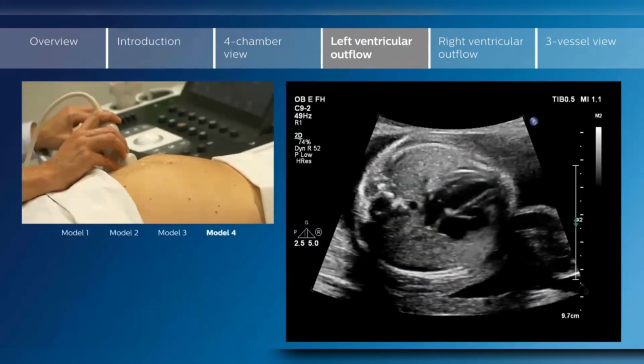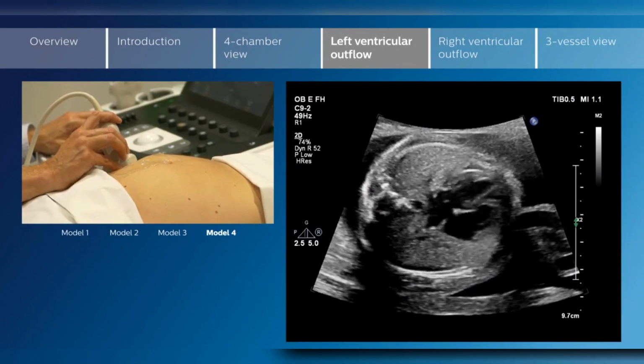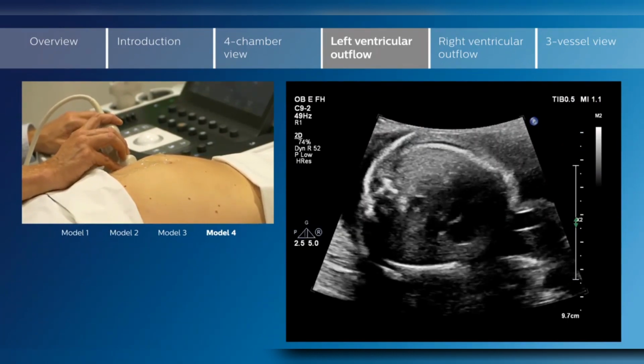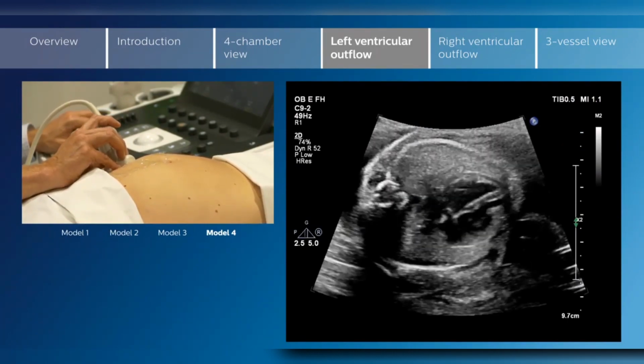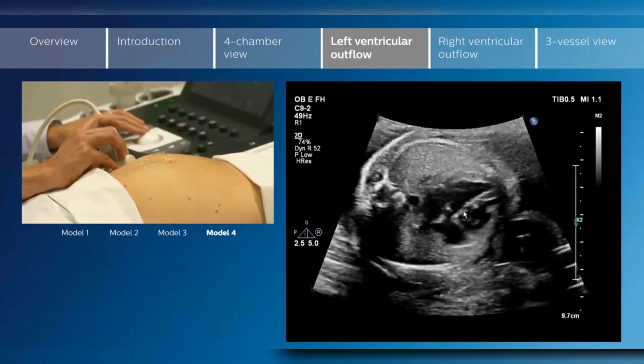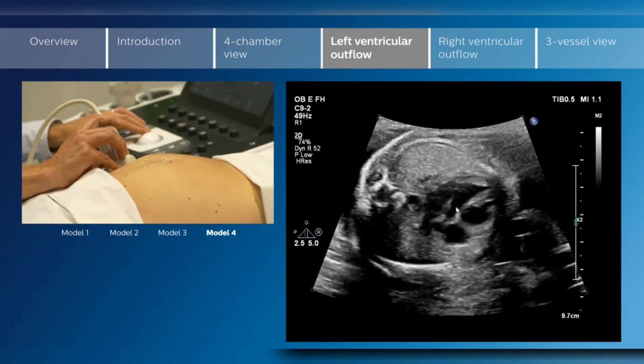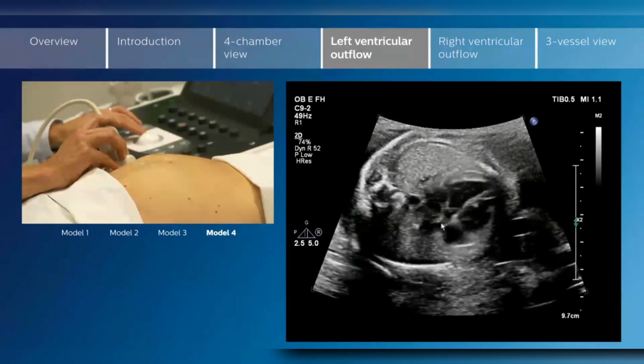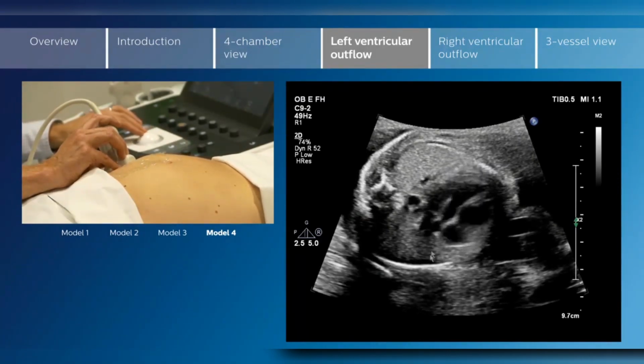As we angle the probe towards the fetal head, the first vessel which we see, and I'll try and alter the insonation angle to make this clearer, is the aorta, which leaves the left ventricle and heads towards the right shoulder of the fetus.